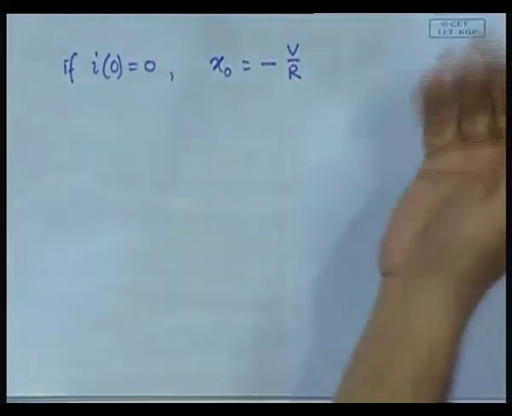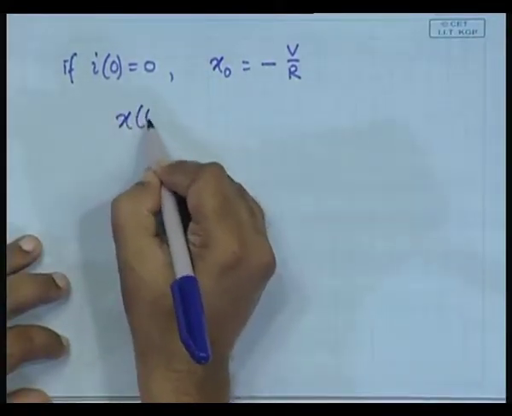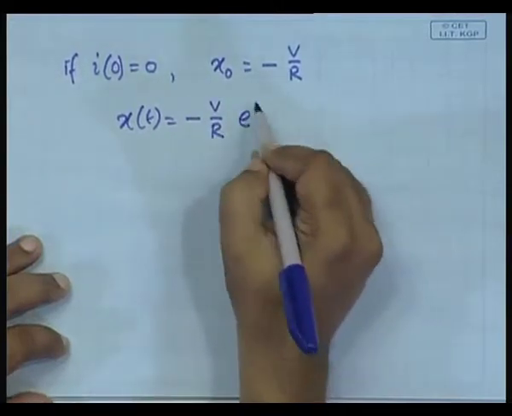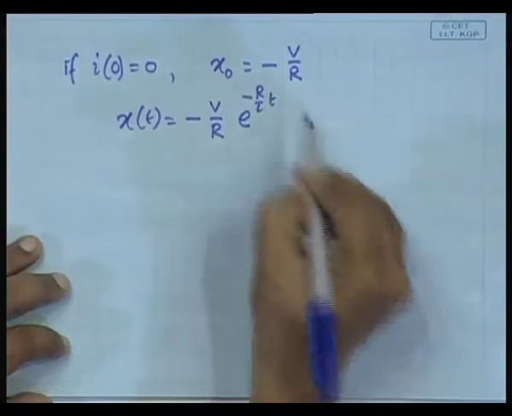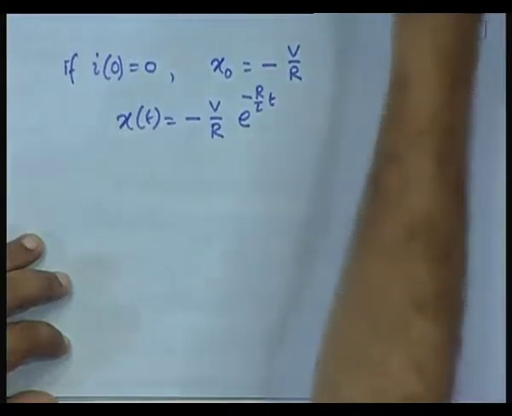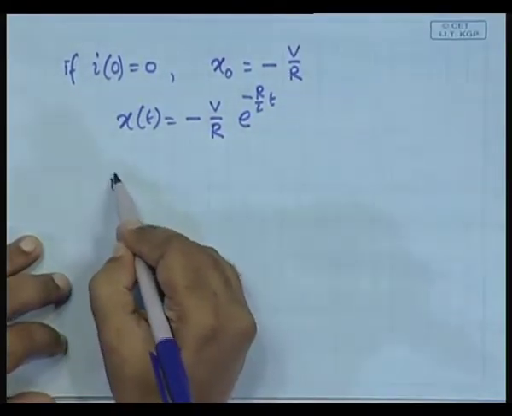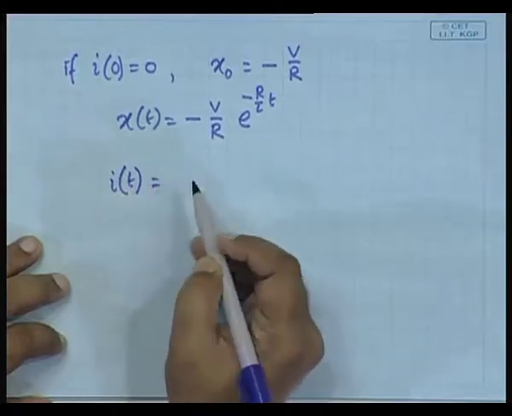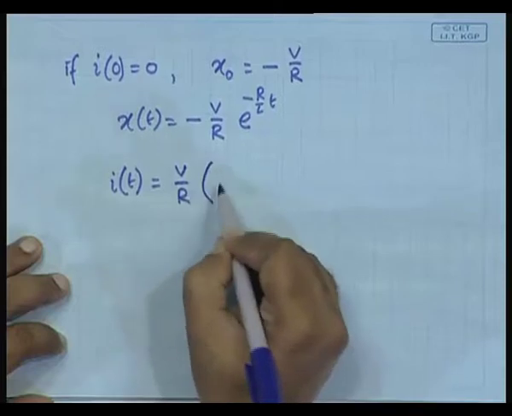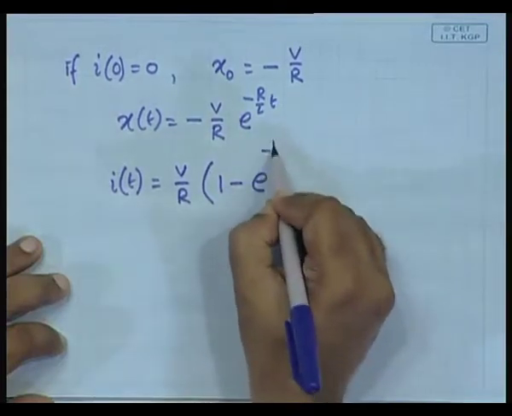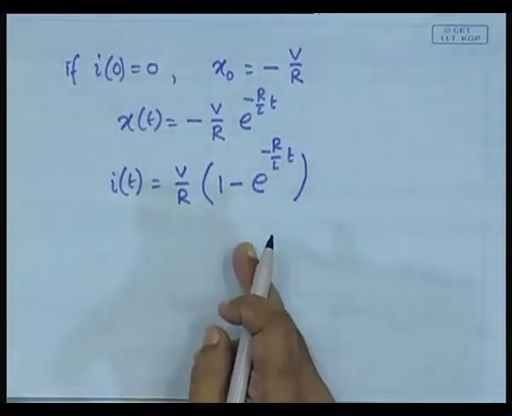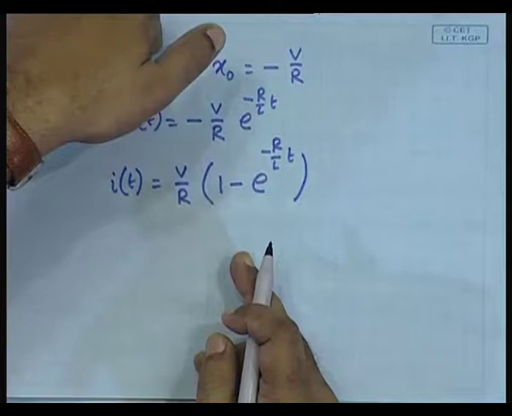So, the solution immediately comes out to be x of t is minus V by R e to the power minus R by L t. Now, you substitute x, which was I minus V by R. So, I of t becomes V by R times 1 minus e to the power minus R by L t. That is the solution. We had already obtained it, but now we did it by a slightly different route.